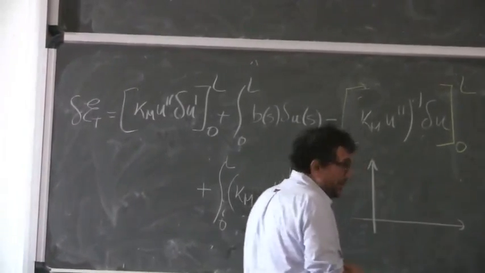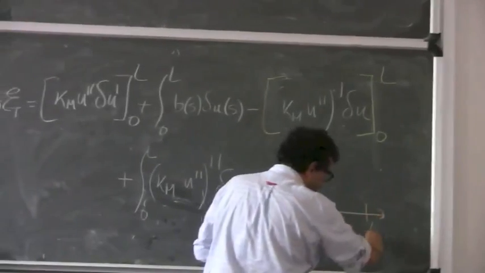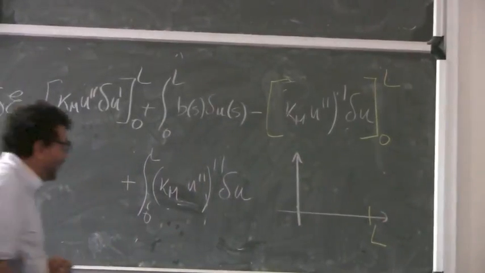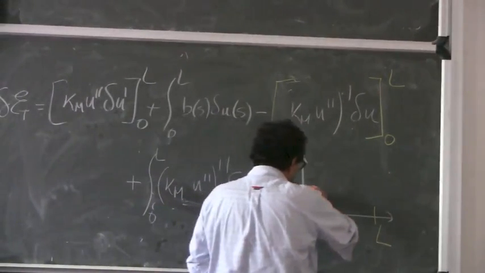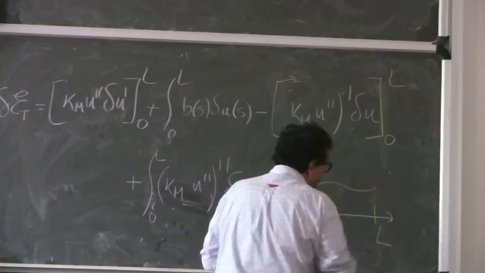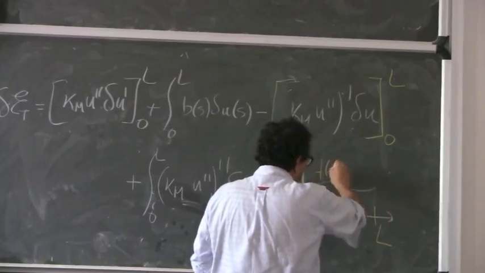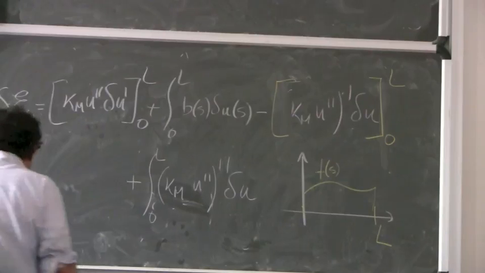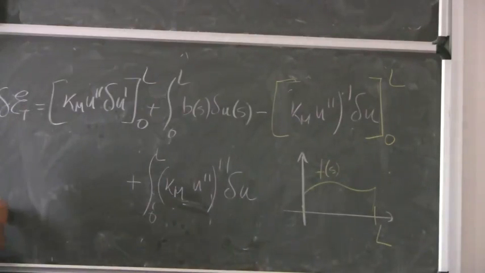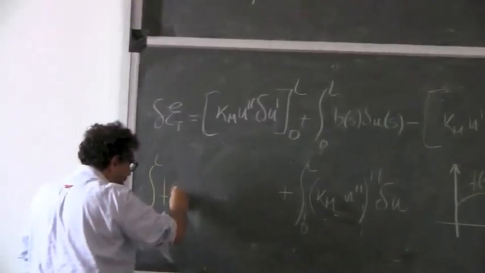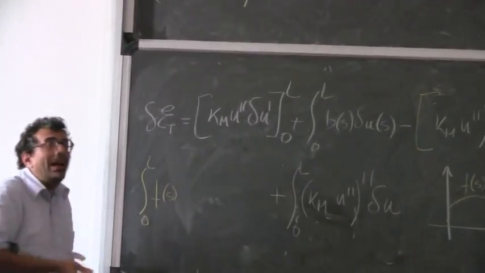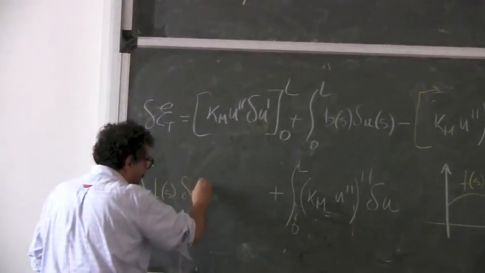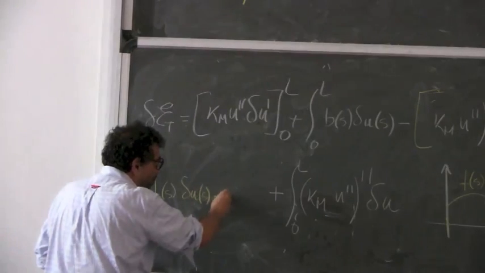I have an interval, 0 and L. I have a function defined in this interval. We call it f of s. Then we know that integral between 0 and L of f s times an arbitrary function delta u s is always equal to 0.